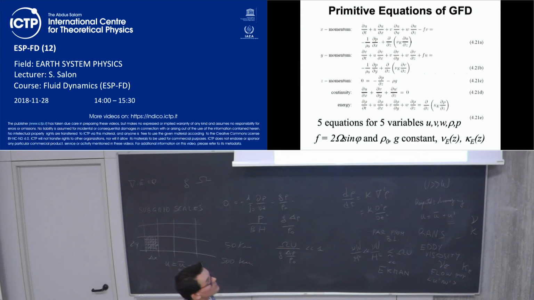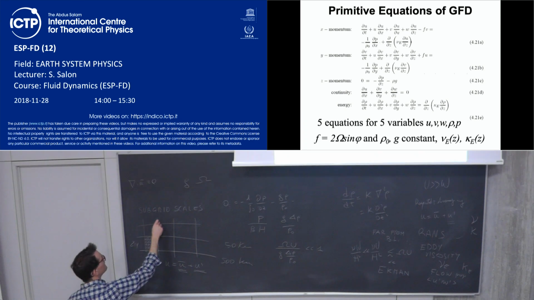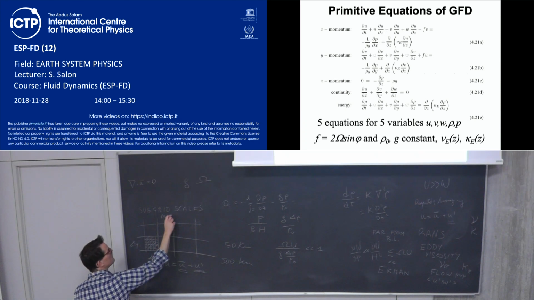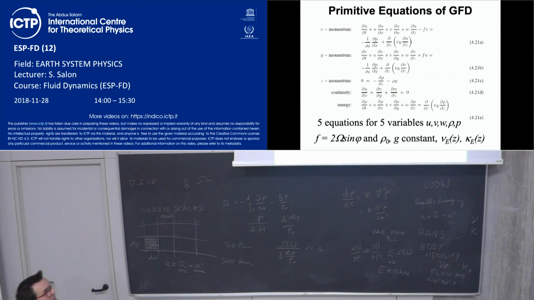There are different kinds of parameterization, which is why people call it subgrid parameterization, and you can work for years on finding the best one. Of course, the ideal would be to have a simulation which goes down to the smallest scale, but for the moment it's extremely difficult.